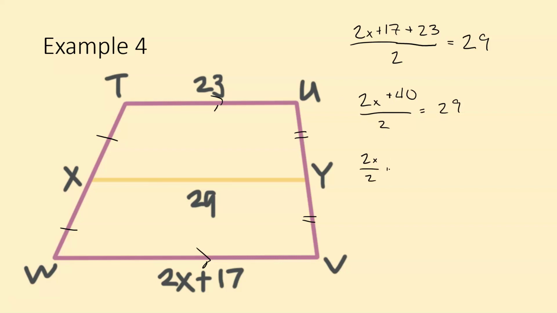You can separate this into 2 fractions and see that 2x divided by 2 is just x. 40 divided by 2 is 20. And then subtract 20 on both sides, and you get x equals 9. So that would be your x value, and then if we were to want to find this side length, we would just have to plug that back in for x.